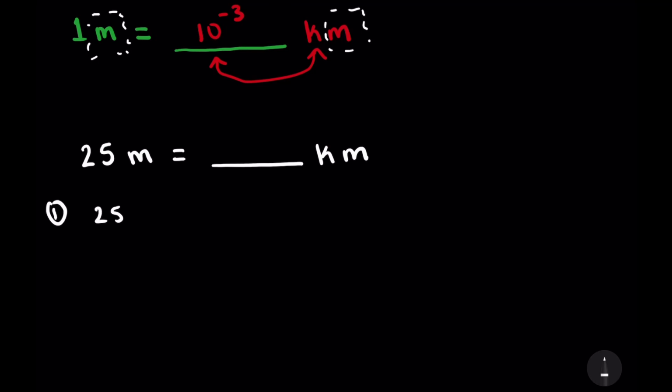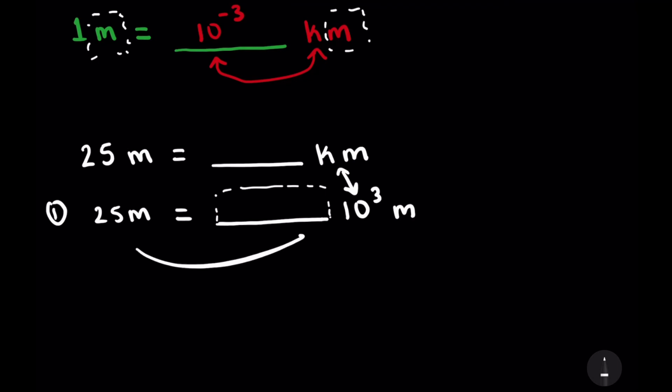We look at what this right-hand statement is saying to us, which is that 25 meters is equal to some amount of 10 to the 3 meters, because that's what kilo means. But we want to find something that we can insert in this little box right here to make these two statements equal to each other.